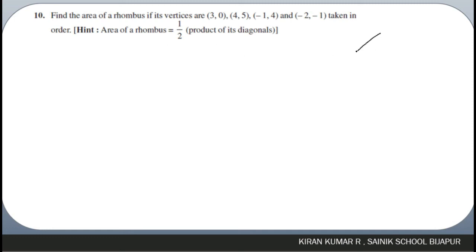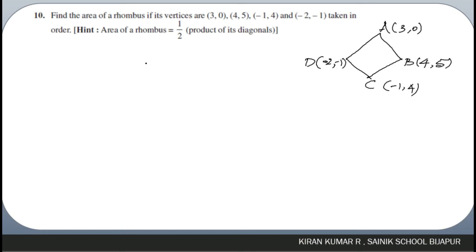If I consider ABCD as a rhombus, A is 3, 0, B is 4, 5, C is -1, 4, and D is -2, -1. Here the diagonals are AC and BD.